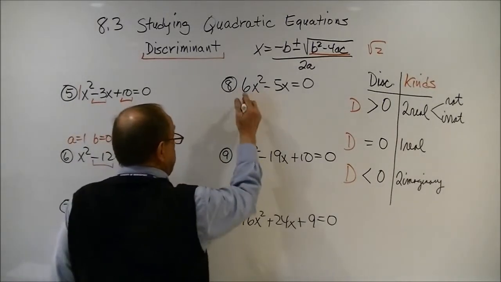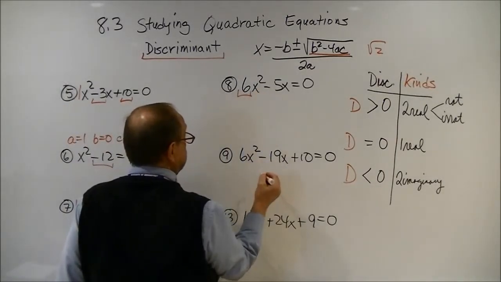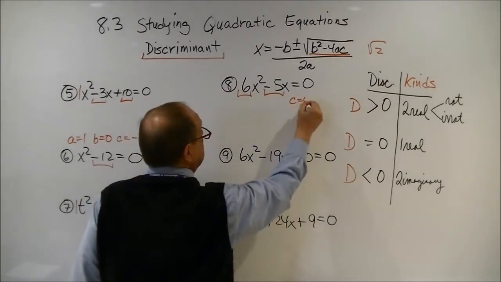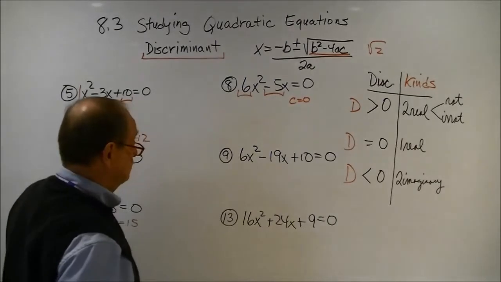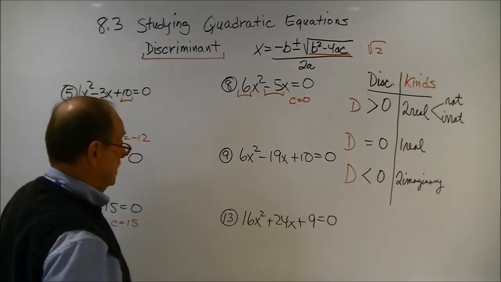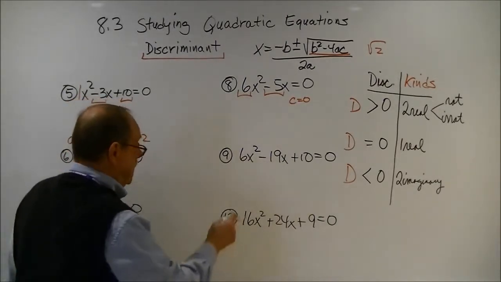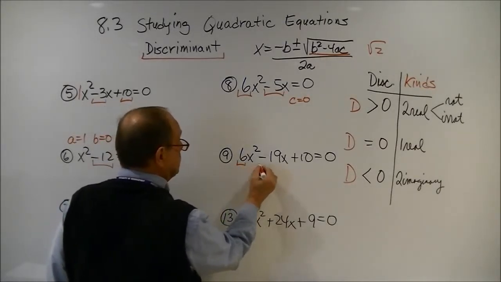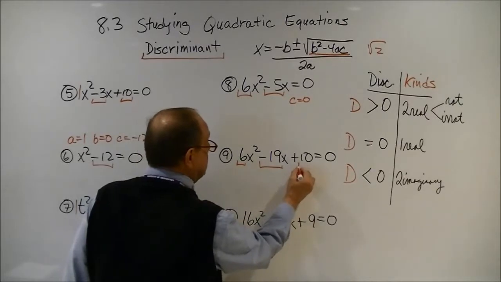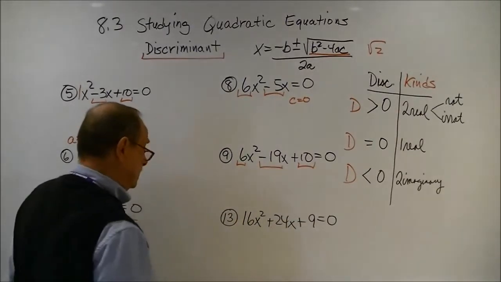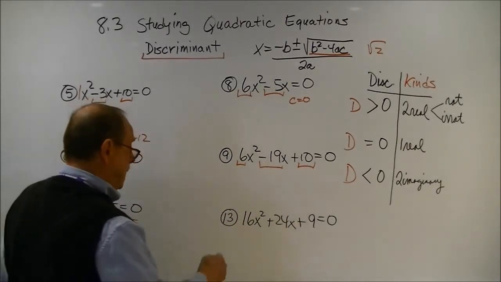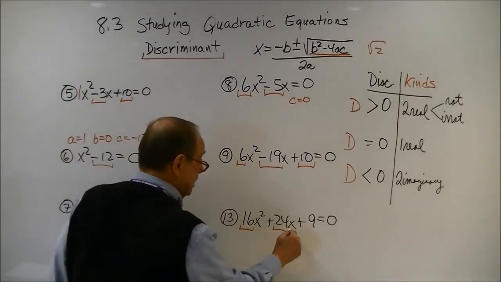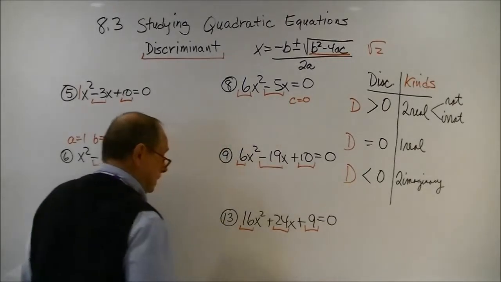Now here we have an A of 6, a B of negative 5, but C is a 0. And here we have A is 6, B is 19, C is 10.